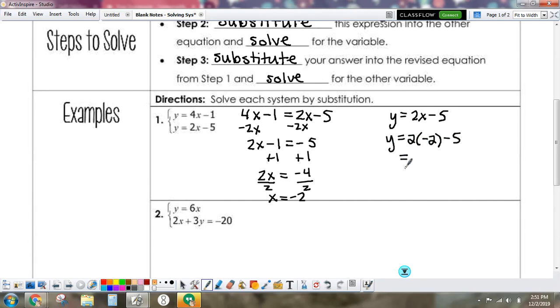Okay, and then 2 times negative 2 is negative 4. Negative 4 minus 5 is negative 9. So my solution to this system of equations is negative 2, comma, negative 9.